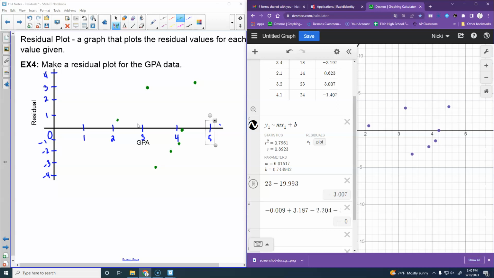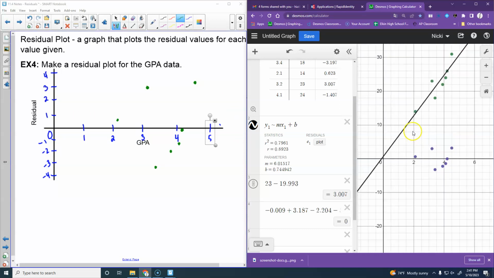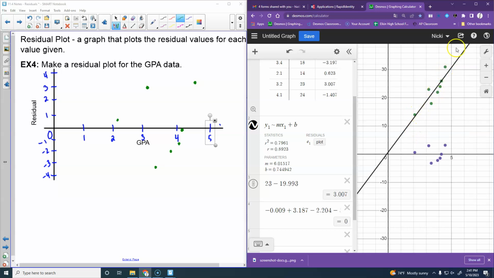So what would this residual plot look like if my data was perfect? What if it fit the line perfectly? I'm talking about all these green dots from my line of best fit; what if they were perfectly on the line? It would just be a straight line.